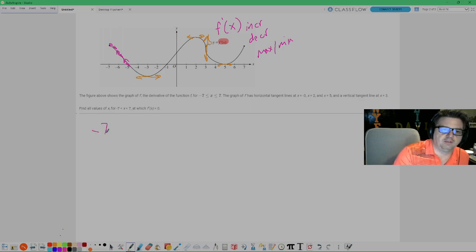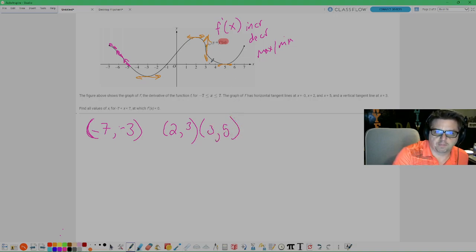So from -7 all the way to -3. And then all of this is increasing until we get to 2. Then we have 2 to 3. And then we have 3 to 5.